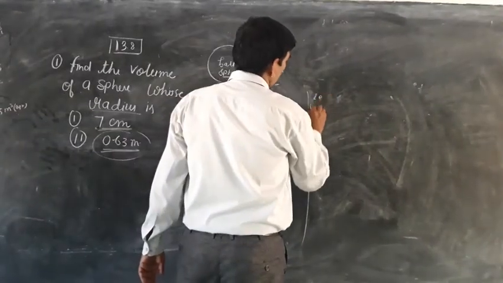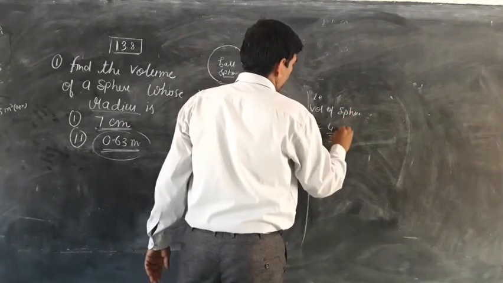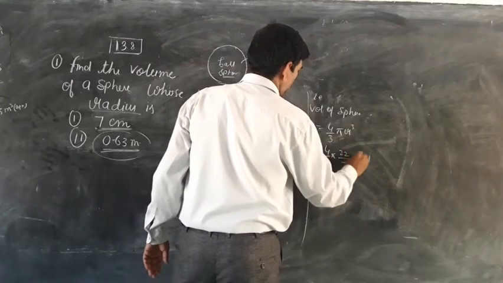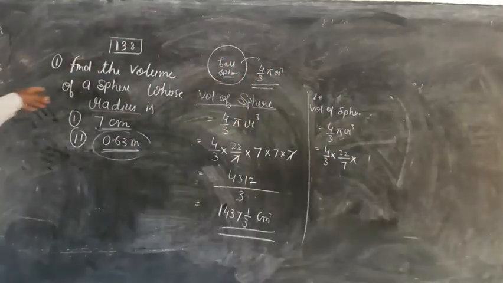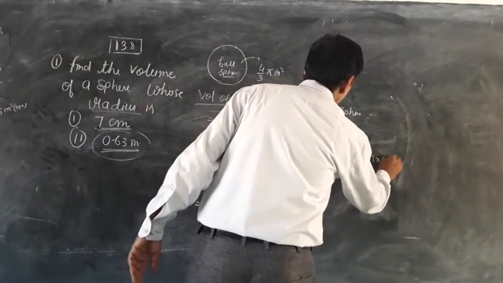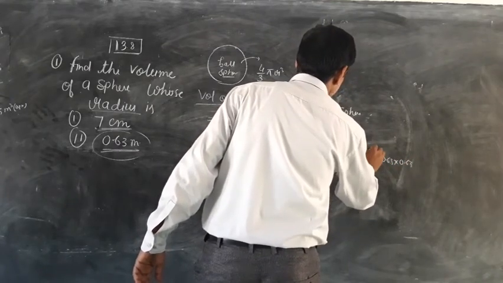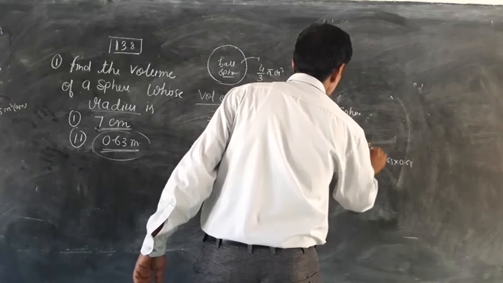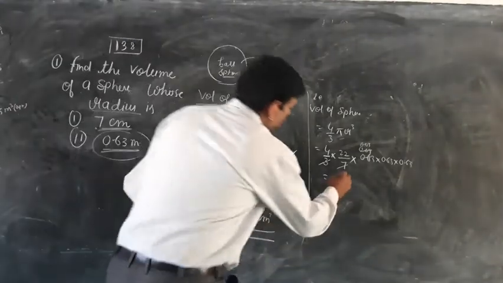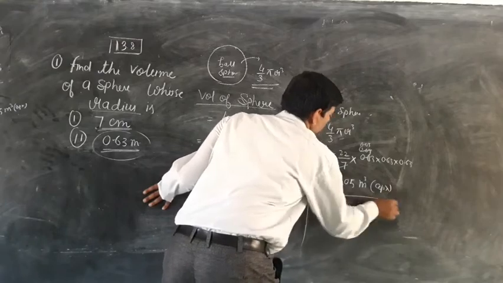The volume of sphere is equal to 4 by 3 pi r cube, that is 4 by 3, the value of pi is 22 upon 7, and the radius is 0.63 into 0.63 into 0.63. 7 nines are 0.09, 3 is 0.03, multiplying 4, 22, 0.03, 0.63, it is 1.05 meter cube approximately.